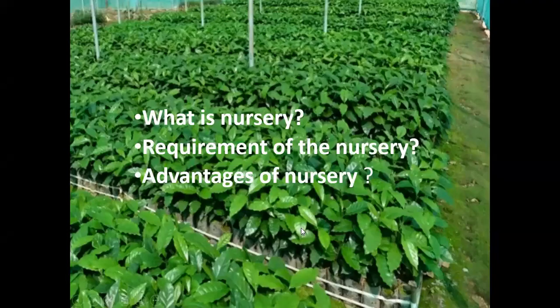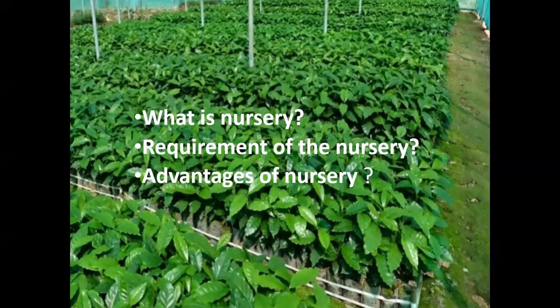So nursery is a small place where the seedlings or the plants at their early stages are taken utmost care and given optimum conditions for the germination process and subsequently for their growth, and they are taken care in the protected area till they are strong enough to send for the field for planting.